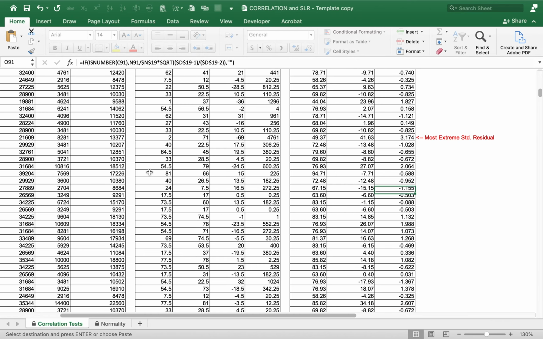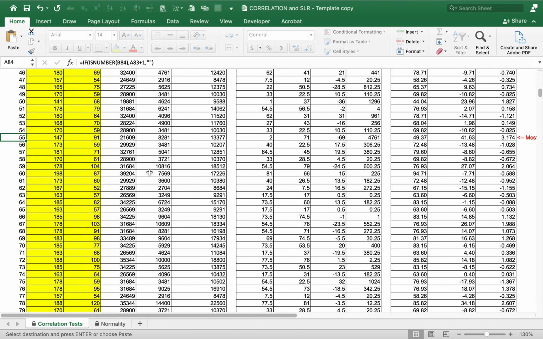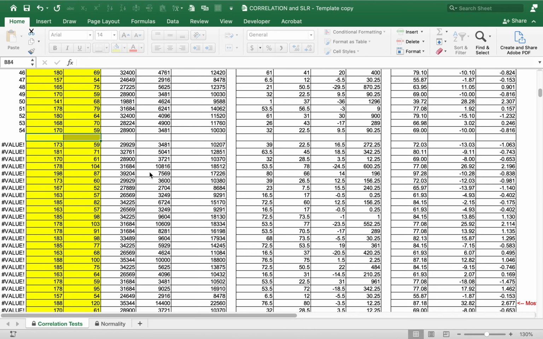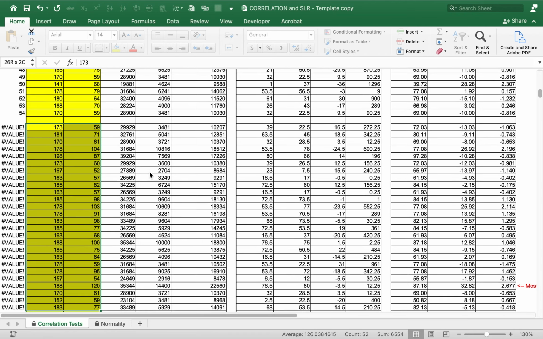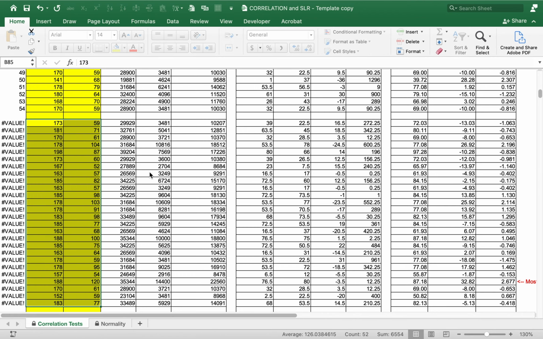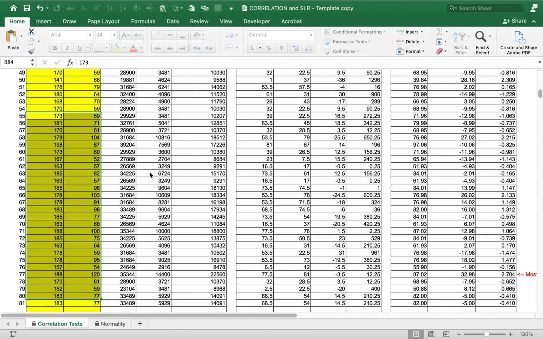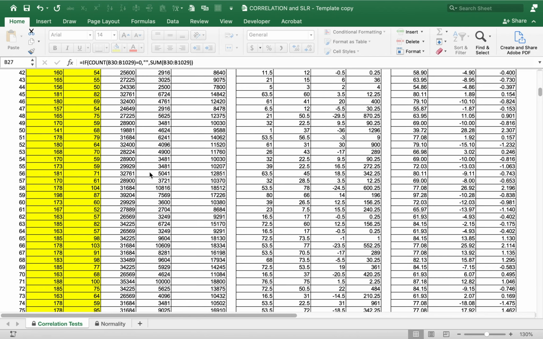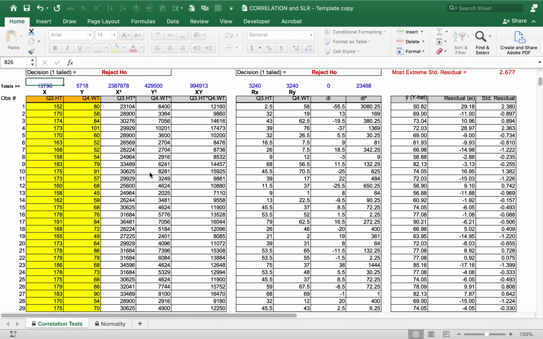So it actually has a line right there that tells you where the most extreme residual is. And then we could, if we wanted to, get rid of those values. Now we'd have to move these guys up like that. And now we'd have 80 observations here.